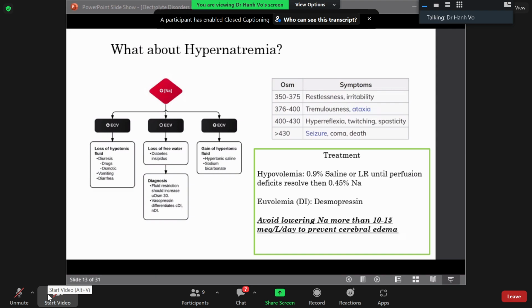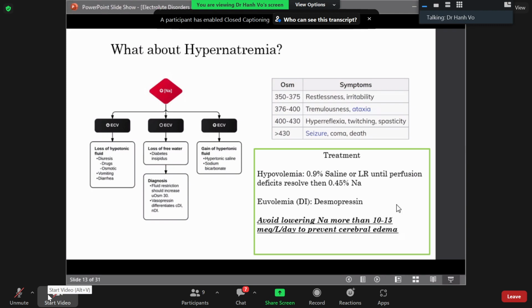Finally, the treatment for hypernatremia relies on giving normal saline or dextrose to correct the water deficit and lower sodium level by a maximum of 10 milliequivalents per day.